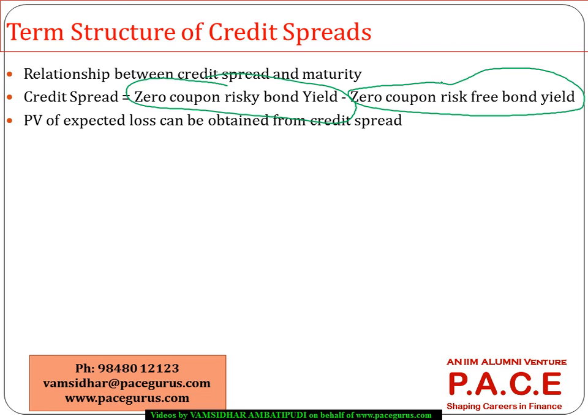So that is what we are talking about as a credit spread. And when we talk about the word term structure, it's a very common usage. Term structure is with time. Across various levels of maturity, how is this credit spread changing? Is it widening or is it narrowing? So that is what is the term structure of the credit spread.